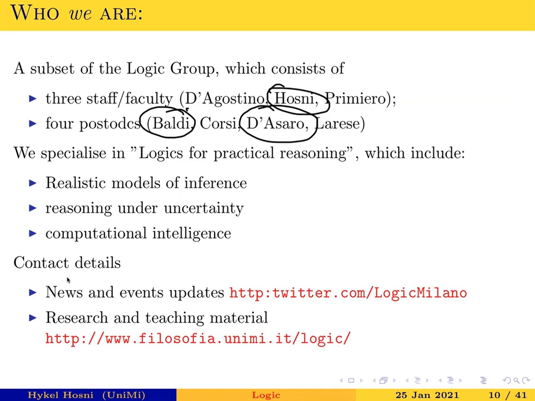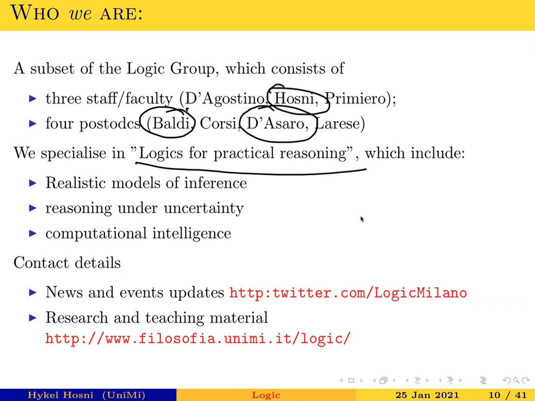So the idea is that we rotate this course among ourselves to give people the widest possible view of the topic. But we all have something in common: it's this thing that we call logics for practical reasoning, which includes the key topics of this course.